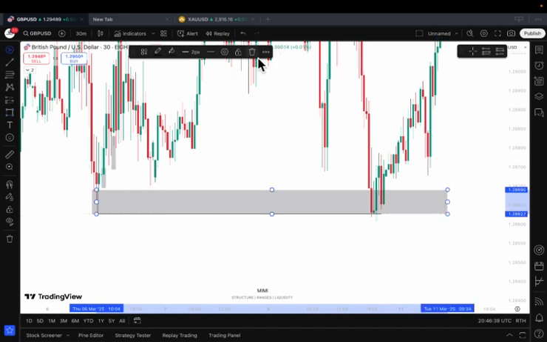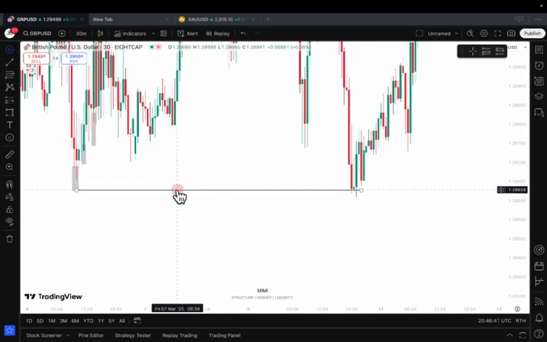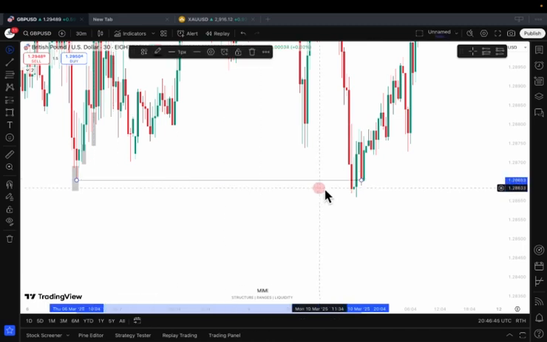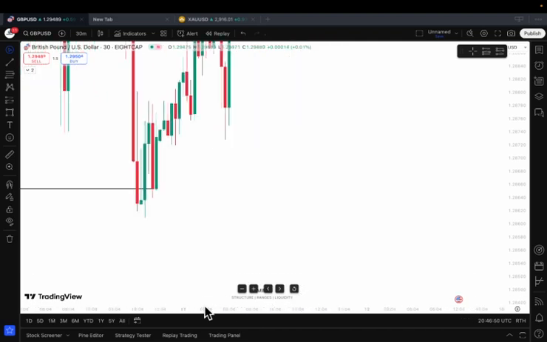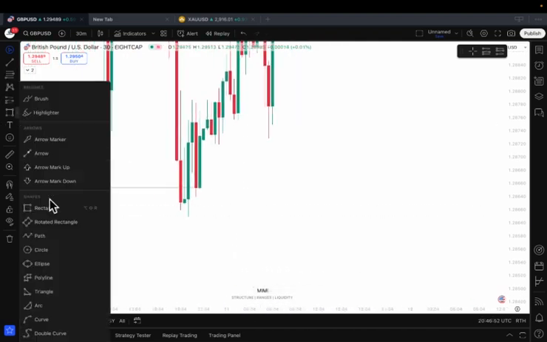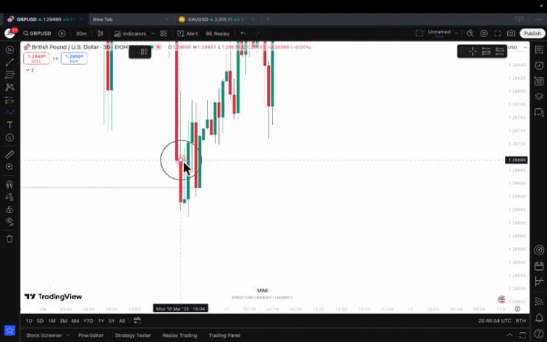But since this one is a week, your entry can be either on the week, but whatever your entry will be, that place that price retraced from before coming back up is your protected low.